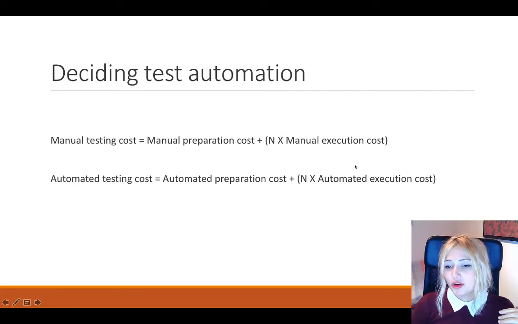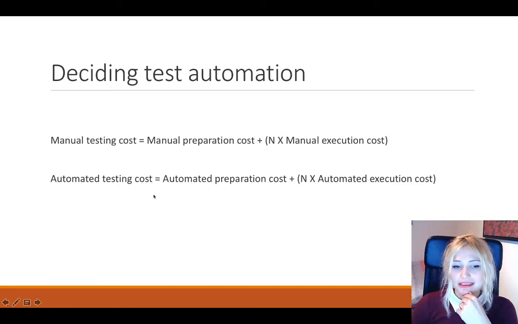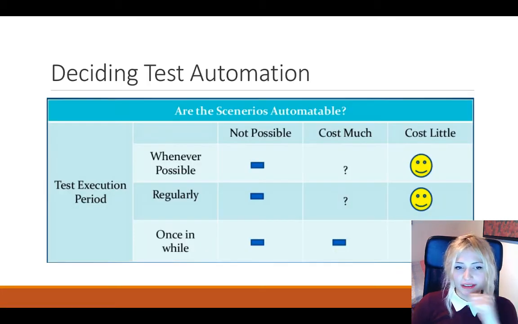So 5. Then 5 multiplied by 10 is 50, plus 10, this is 60. As you can see here, this is 101, this is 60. What I want to show here is that the manual execution testing cost is much higher than automation.